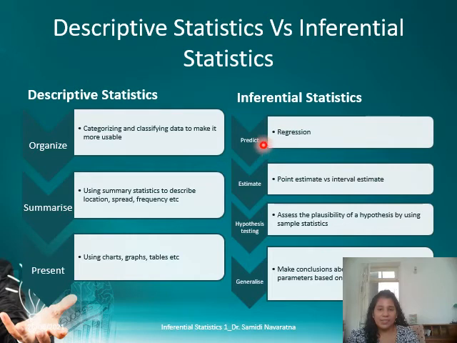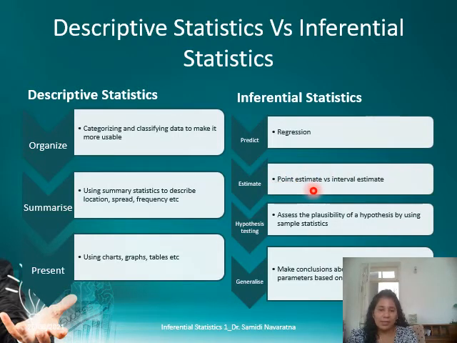Then inferential statistics are used to predict, estimate, to make hypothesis testing, and then to generalize those findings to a larger population. So in prediction, we use regression models. To estimate, we use point estimates and interval estimates.